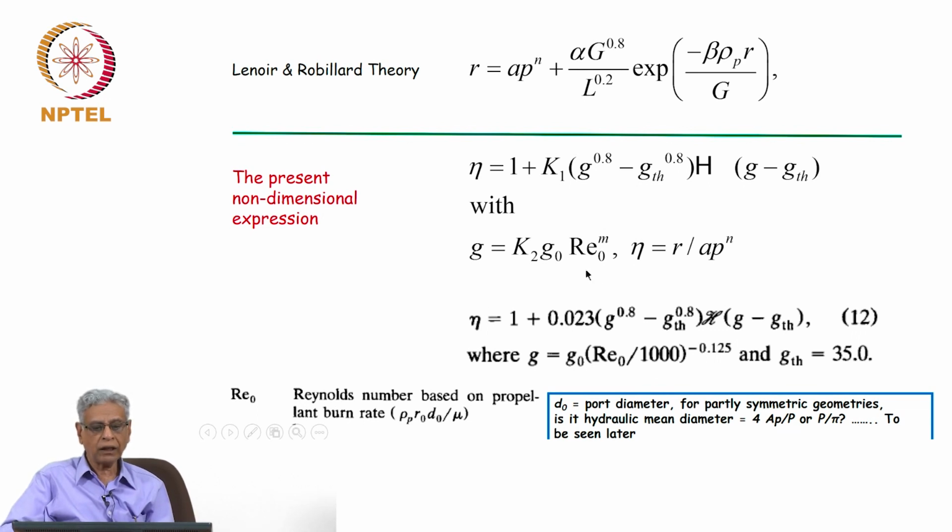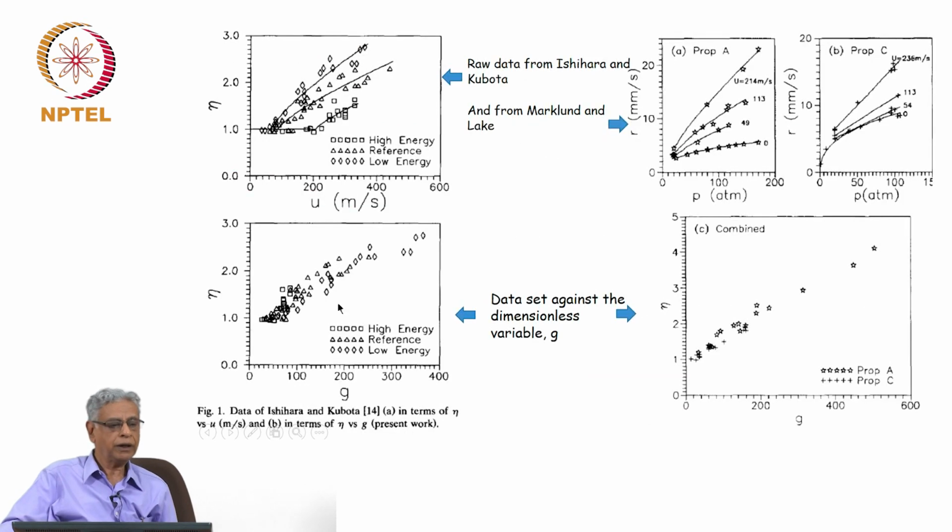The quantity that you are seeking is eta, and the parameter on which it depends is G, and you make that plot here. All this data collapses into a single curve. G is what you obtain from each of the experimental points. You can compute the value of G, put that here, and you will get this particular set of data cluster.